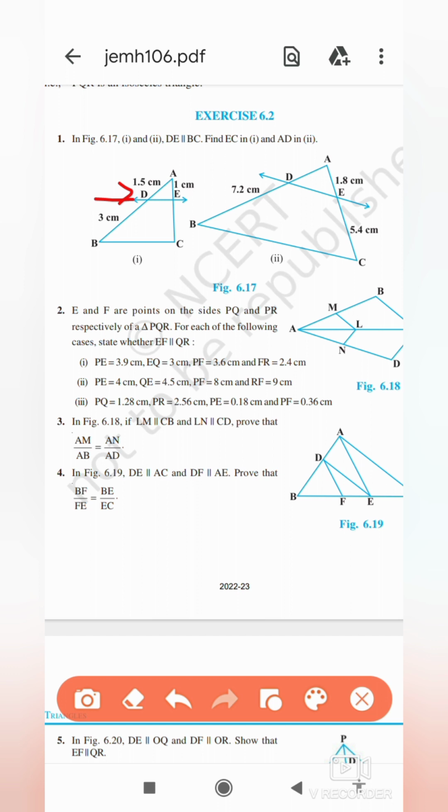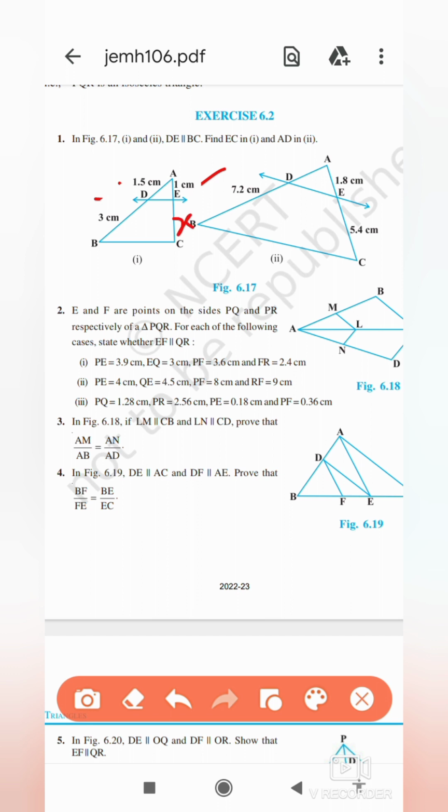AD is 1.5 centimeter, AE is 1 centimeter, and DB is 3 centimeter, and I need to find the value of EC. I can say EC to be some X.